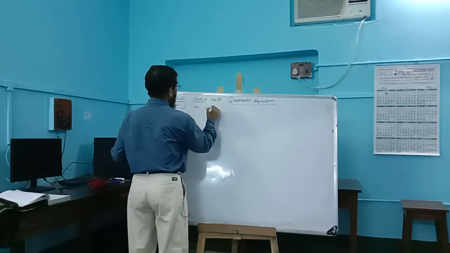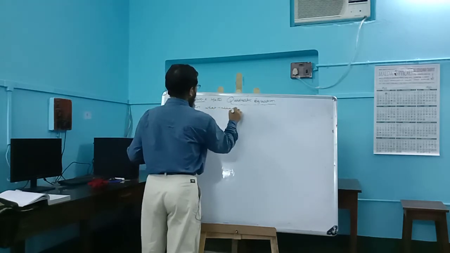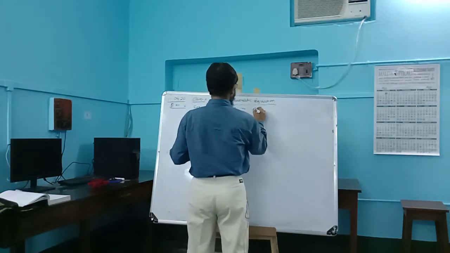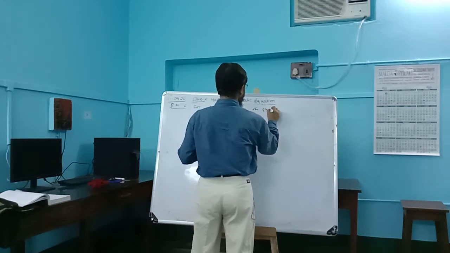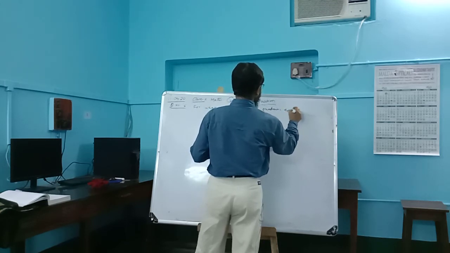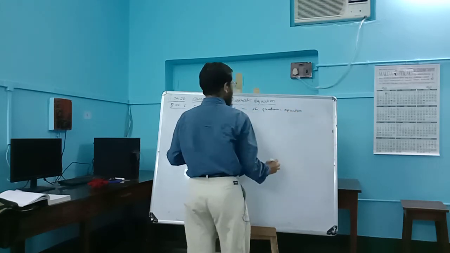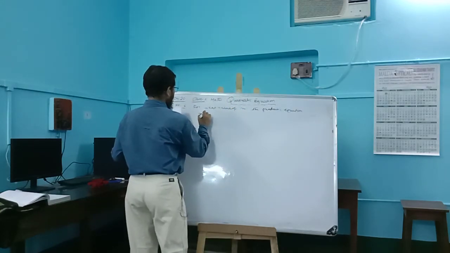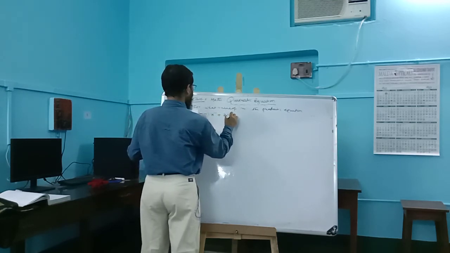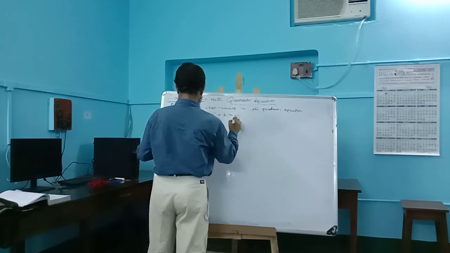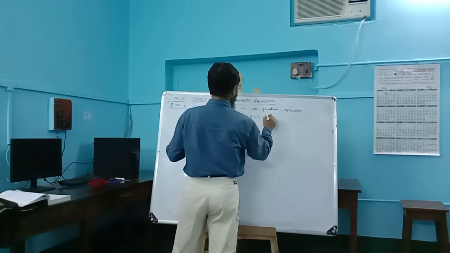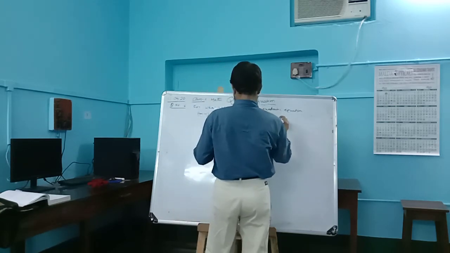For what value of m the quadratic equation (m minus 1)x square plus 2(m plus 1)x plus 9 equal to 0 has two equal roots.